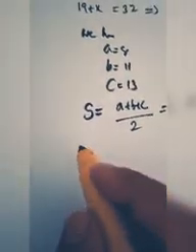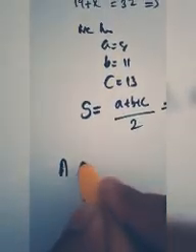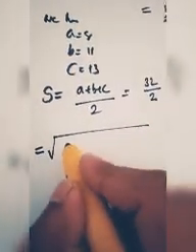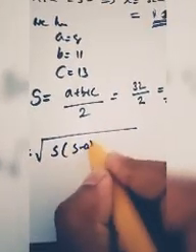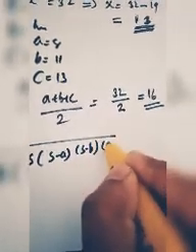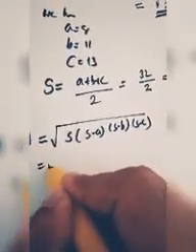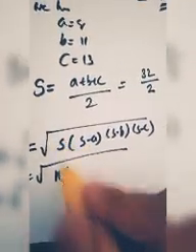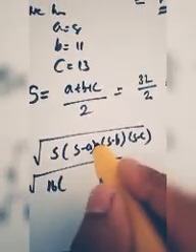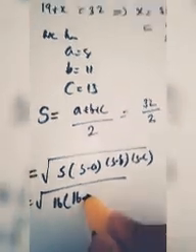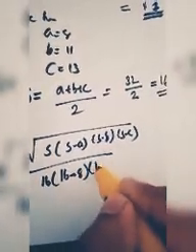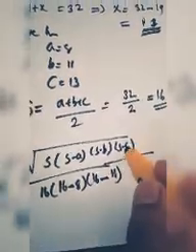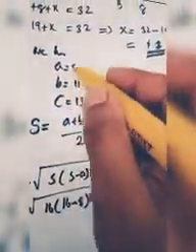Now it's time to calculate the area by using Heron's formula. So area is equal to root of, write the formula: s into s minus a into s minus b into s minus c. Then substitute the value of s, which is 16. Then s minus a means 16 minus 8, s minus b means 16 minus 11, and s minus c means 16 minus 13, because a, b, c are given as 8, 11, 13.